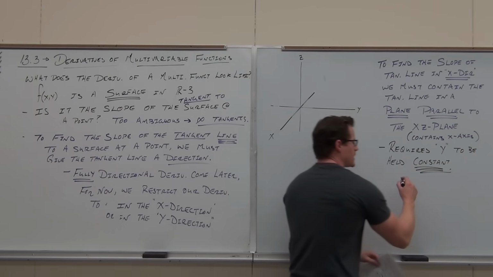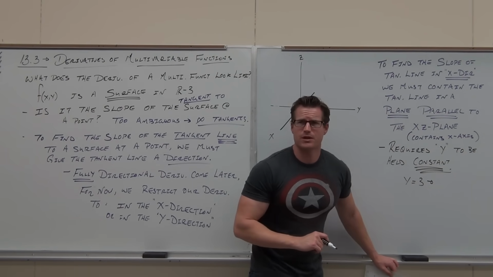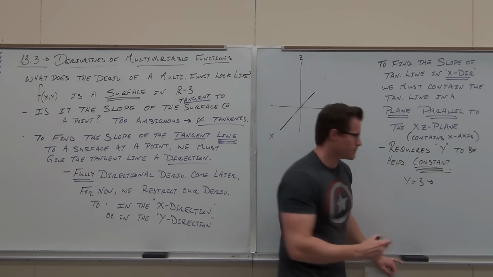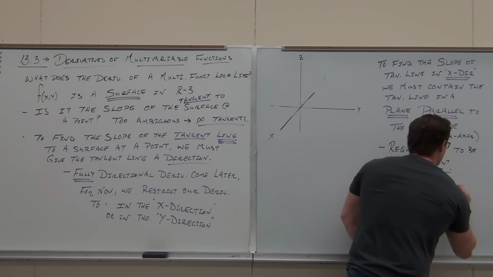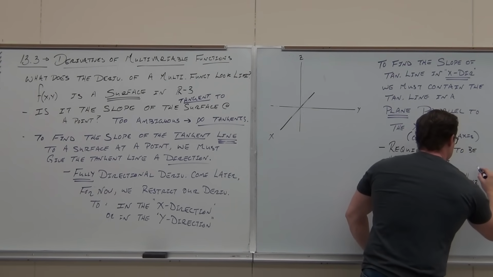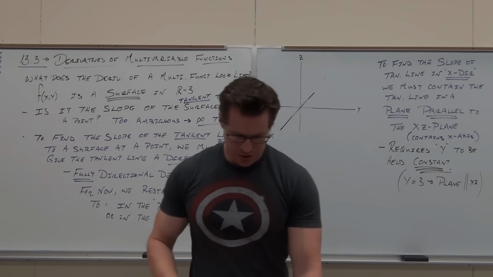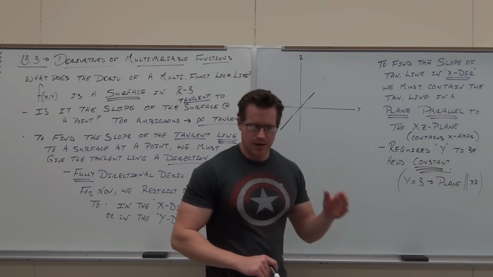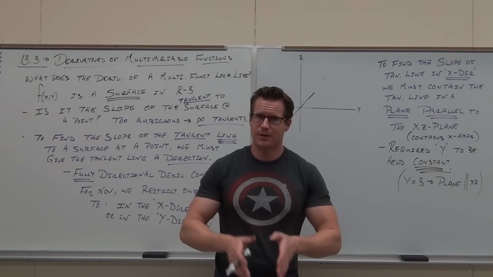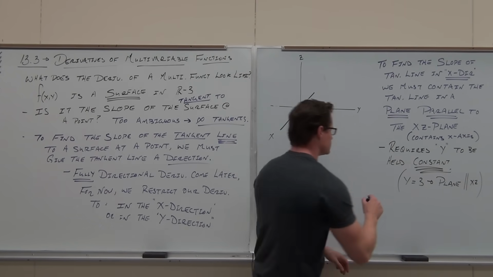If you need a little example, I'm going to use my y equals 3. Keep in mind y equals 3. In 3 dimensions, this is a plane that's parallel to the xz plane. That's what it is. So if we hold y as a constant, this makes certain that our tangent line is in a plane that's parallel to the xz plane. In other words, it's in the x direction.